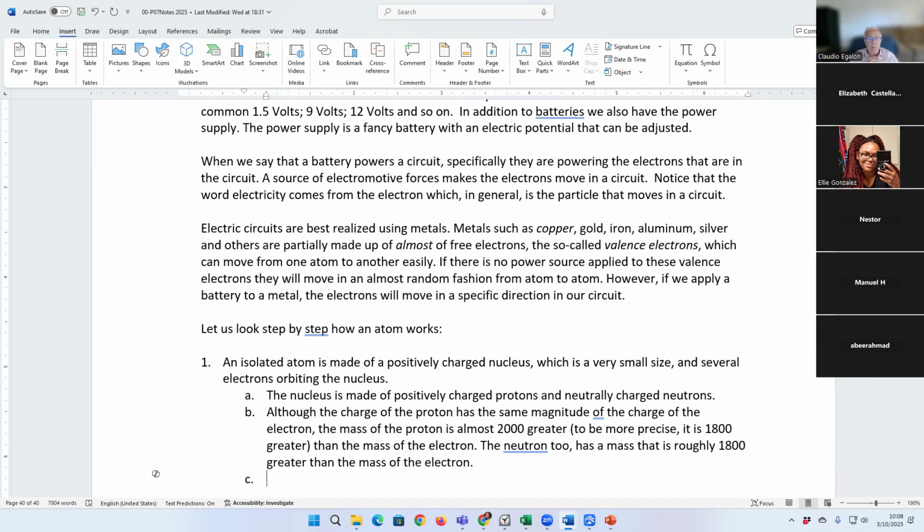And several electrons orbiting the nucleus. What else do you have to know? The electrons that are further away from the nucleus are called the valence electrons.